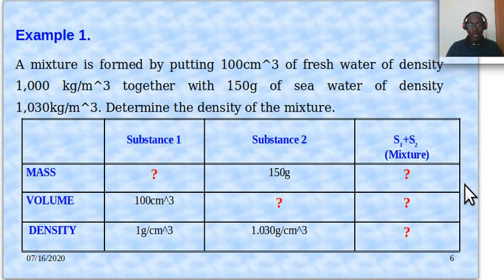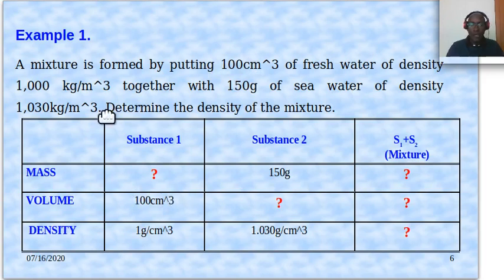So here we take substance 1 to be the fresh water and substance 2 to be the seawater. Now for the fresh water, substance 1, we are given the volume, 100. So put that in the right box.